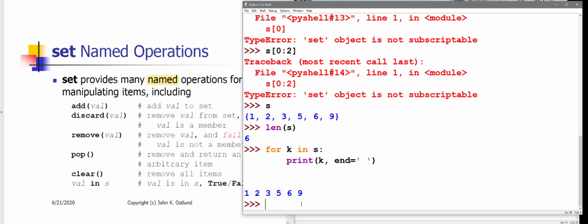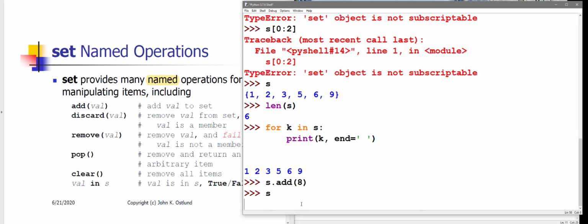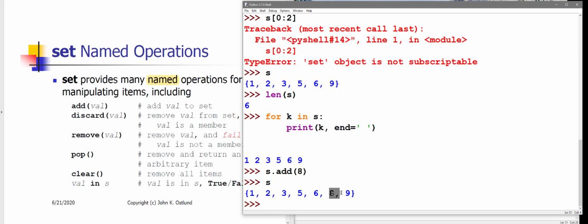What we have instead for a set is the add method. And if I say s.add 8, now I have an 8 in my set. Coincidentally, in this case, the 8 is shown between the 6 and the 9, but that's just, as I said, coincidence. Okay?